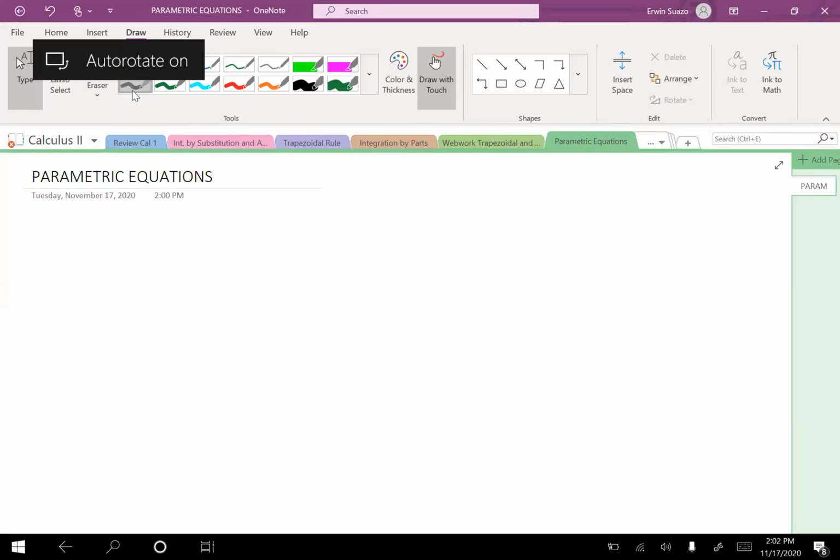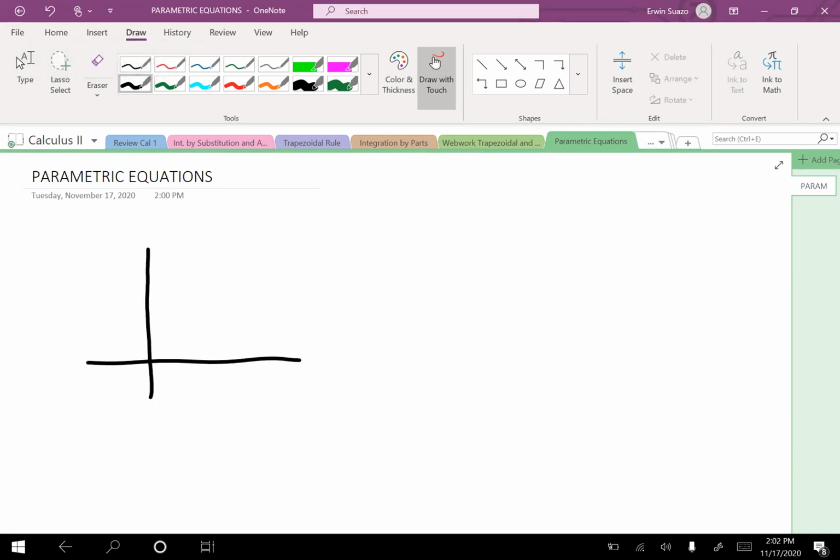We have learned from precalculus that a graph like this is a graph of a curve, right? This curve can be the graph of a function if it passes the vertical test.